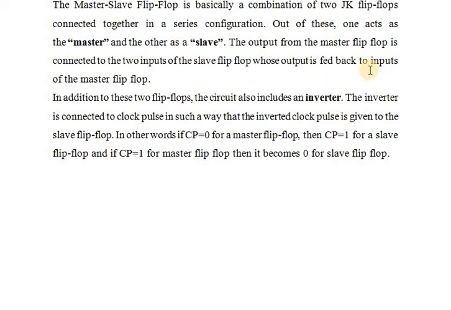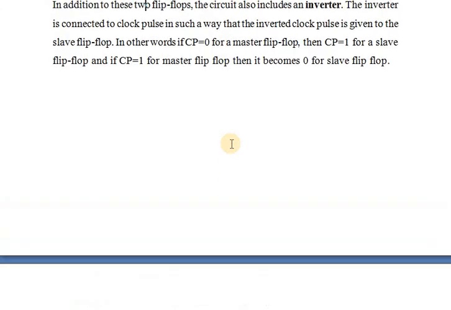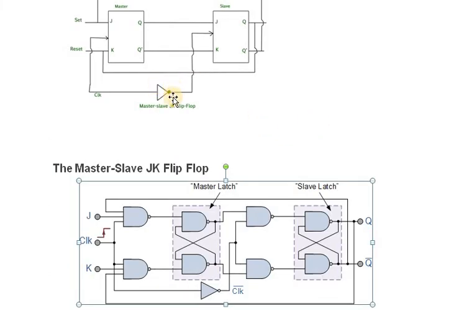The output from the master flip flop is connected to the two inputs of the slave flip flop. In addition to these two flip flops, the circuit also includes an inverter. So this is an inverter, this is an inverter.